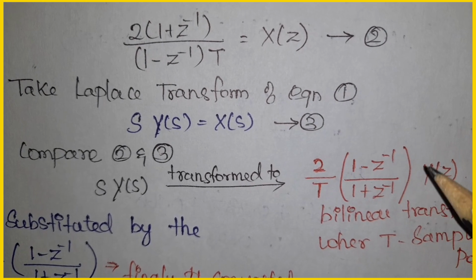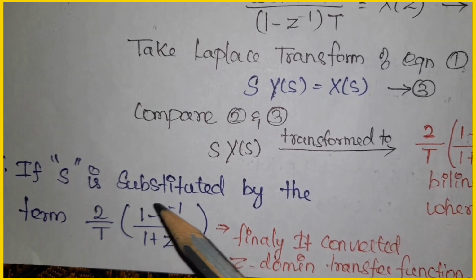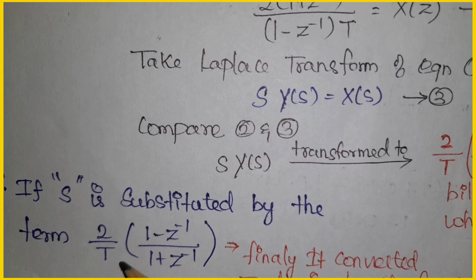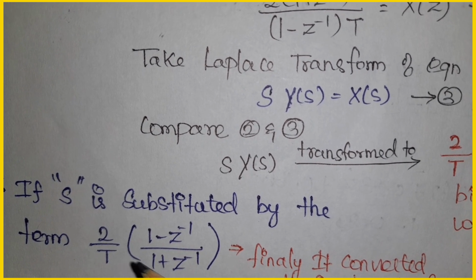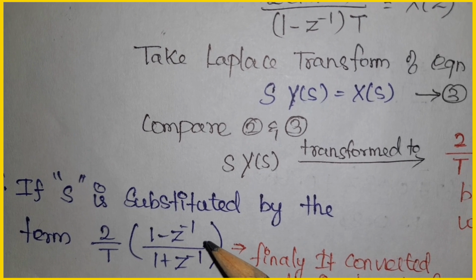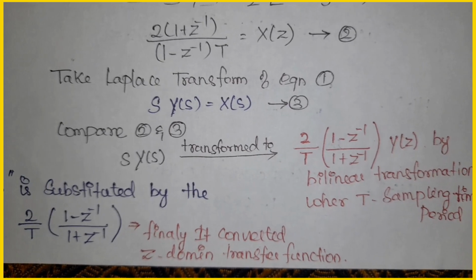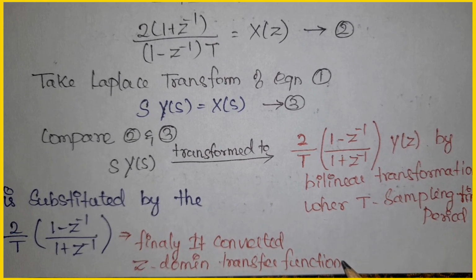So from this equation, s is substituted by the term 2 by T into (1 minus z power minus 1) divided by (1 plus z power minus 1). So finally it is converted to the z domain transfer function.